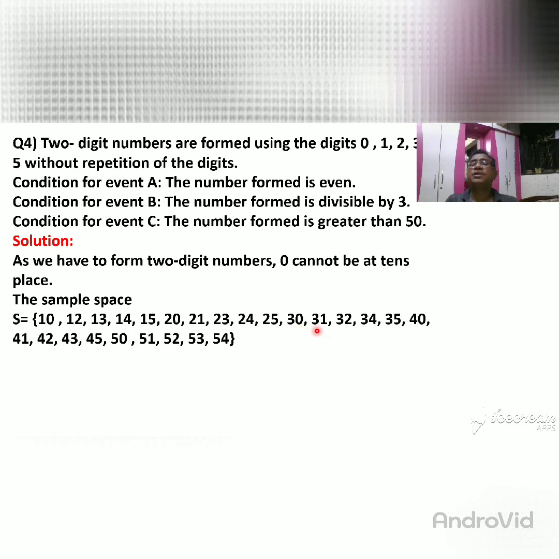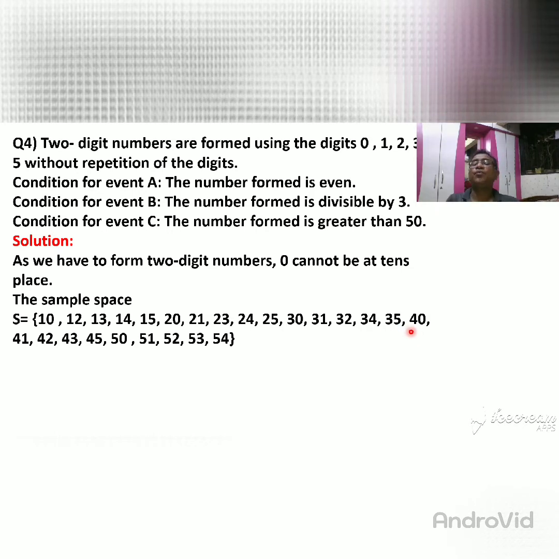3 and 1 here is 31. 3 and 1 means 3 at tens place and 1 at unit place. 31, 32. Then 33 is not possible because there is repetition of 3, so it is not right. Then 34, then 35. After 5 you take the next number. After 3 the next number is 4.